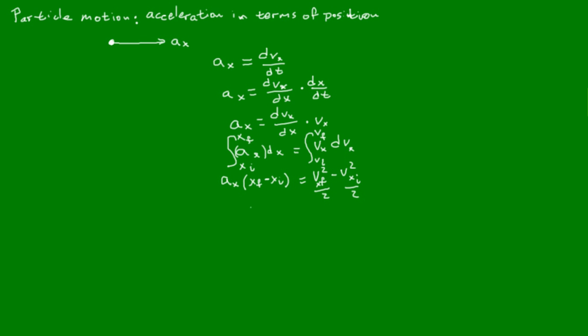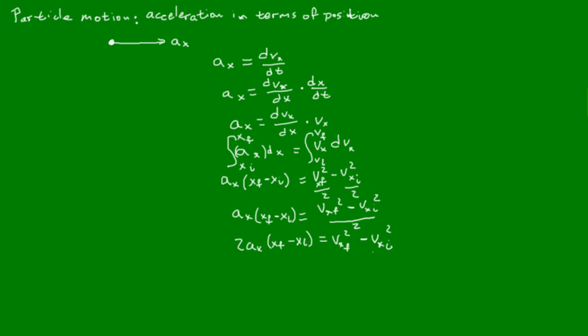So you've probably seen this equation before somewhere in physics or dynamics. So v_x final squared minus v_x initial squared, we can put that all over 2. Since they're both divided by 2, that equals a_x times (x final minus x initial). If we multiply the 2 to the other side, we'll get 2a_x (x final minus x initial) equals v_x final squared minus v_x initial squared.